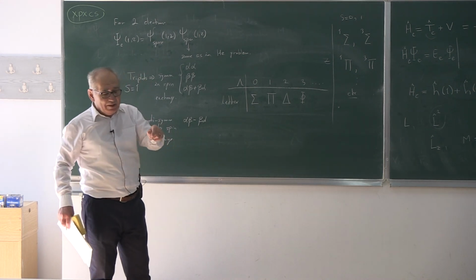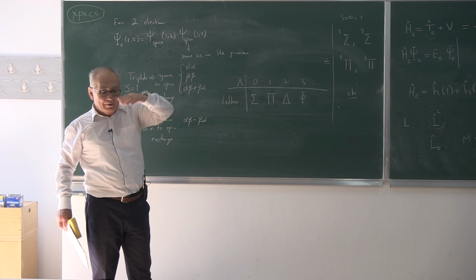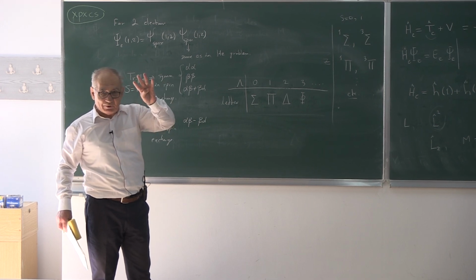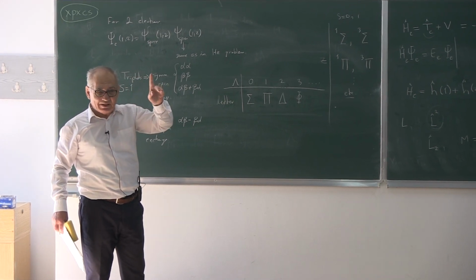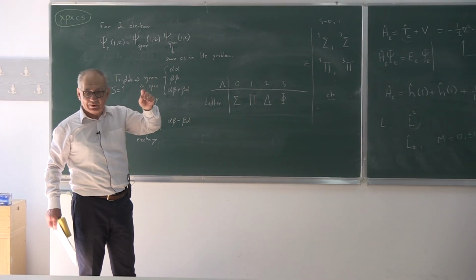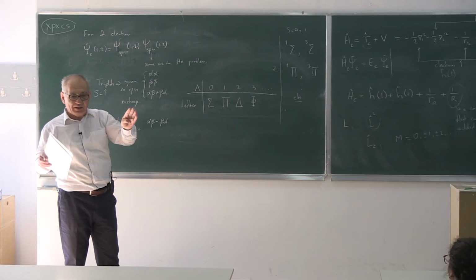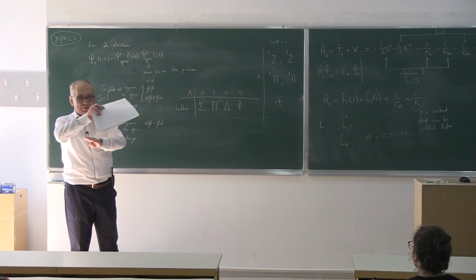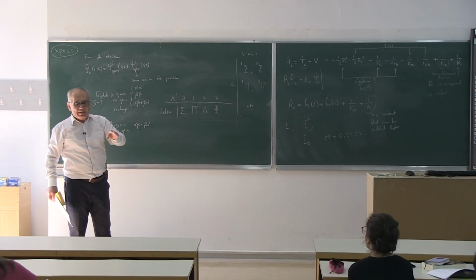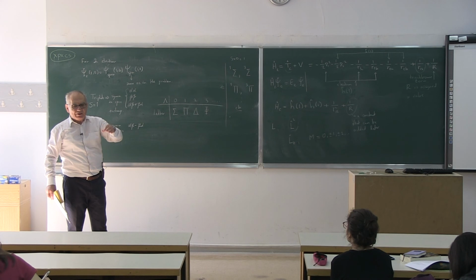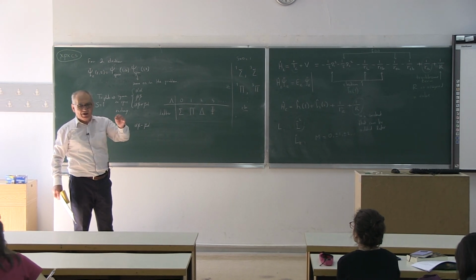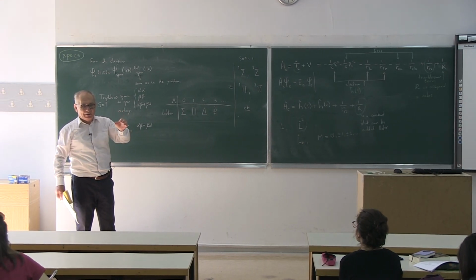because the Pauli principle requires that when all variables are exchanged, there are 4 variables for each electron, 3 of them space variables and the 4th one the spin variable, when all 4 variables are exchanged between the 2 electrons, the total wave function must change sign. It must be antisymmetric with respect to complete electron exchange.